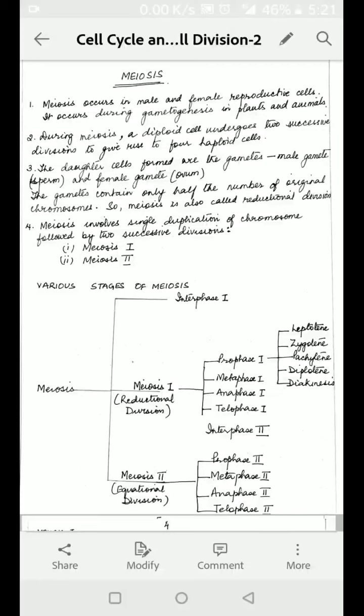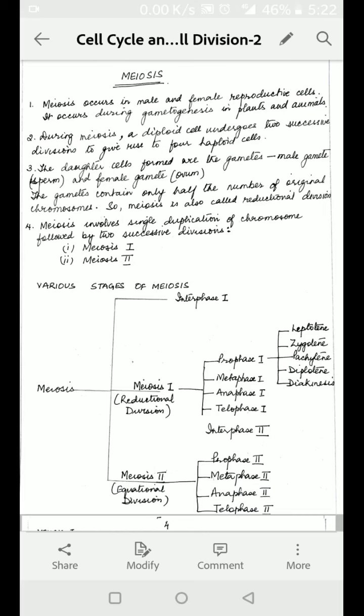Meiosis is that kind of cell division which occurs in the reproductive cells of both the male and the female, and it occurs at the time of formation of gametes, what we call gametogenesis, in plants as well as animals.